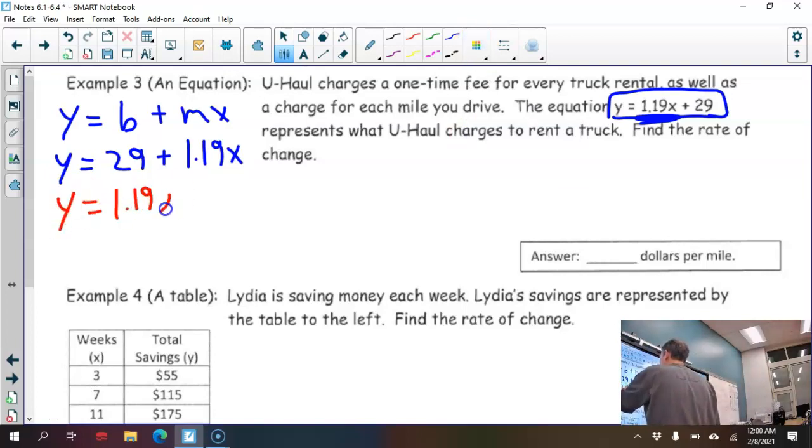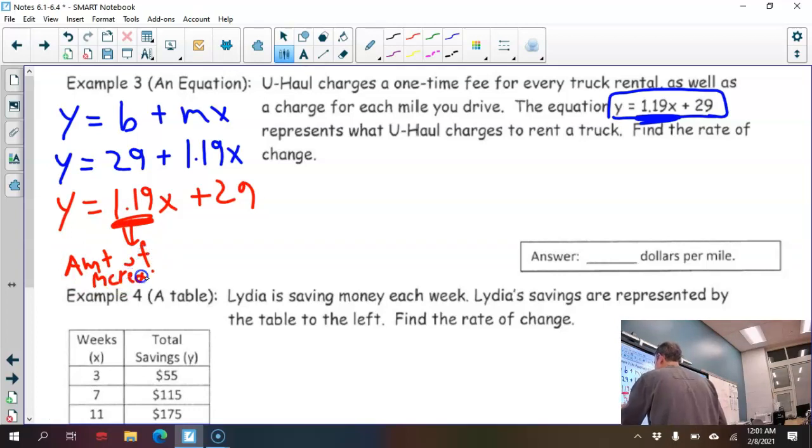So even though they wrote it this way instead, we know that the amount attached to the x is the amount of increase each time. And the number that is not attached to the x, what's that number?